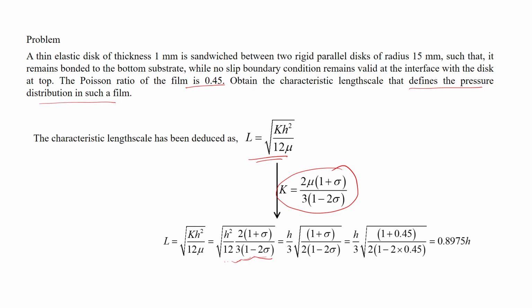This particular length scale L defines this aspect, the function of this Poisson ratio, and that L comes out to be, for this case, very close to H, about 0.9 H. But for other cases, for example if sigma goes very close to 0.5, this quantity L will be much larger than H. So we get some idea of the characteristic length scale L that is defined over here.